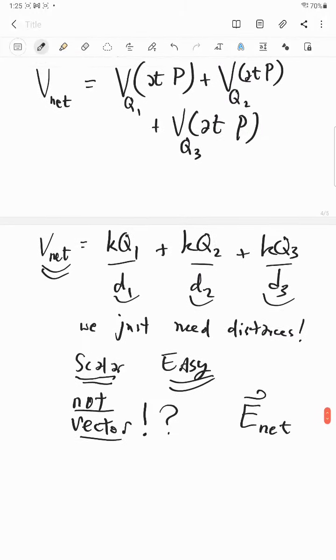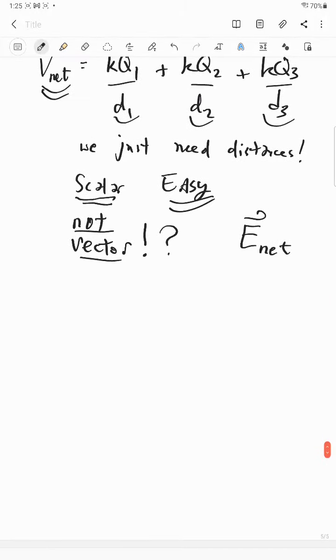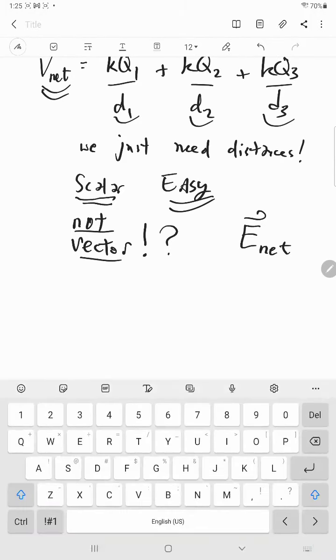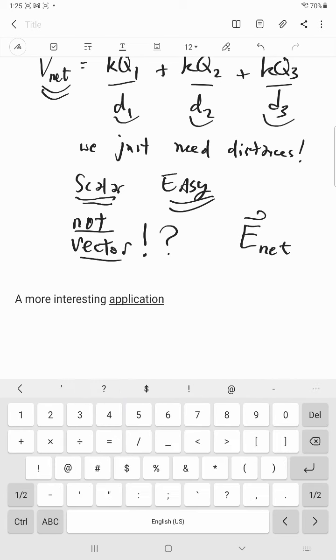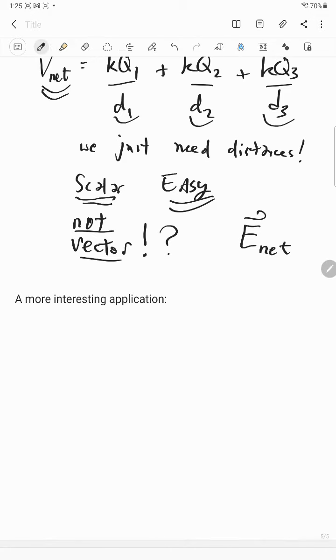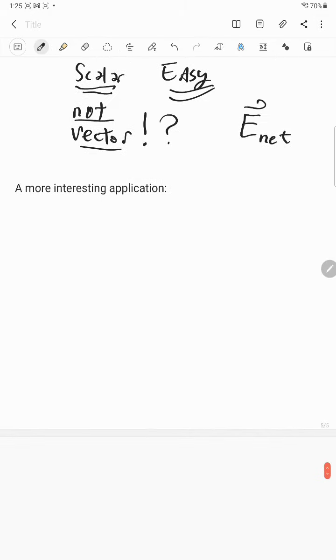So here is a more interesting application. A more interesting application is to wonder how you might do the following thing.